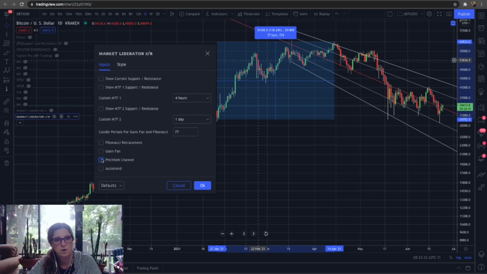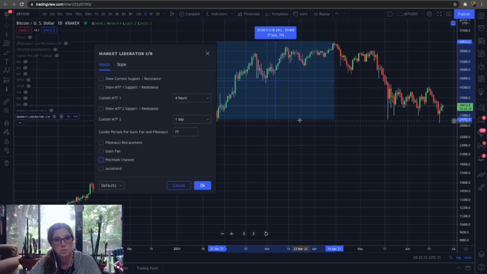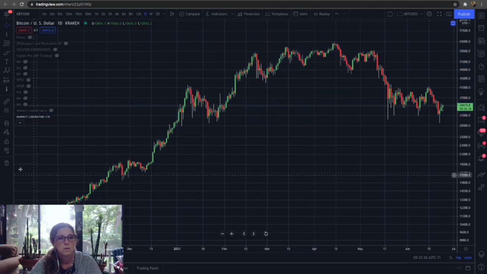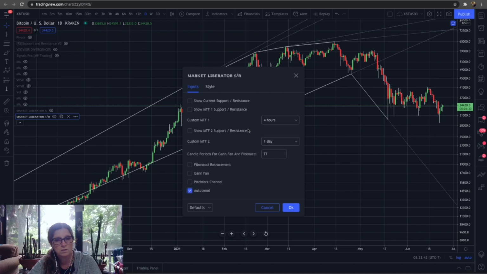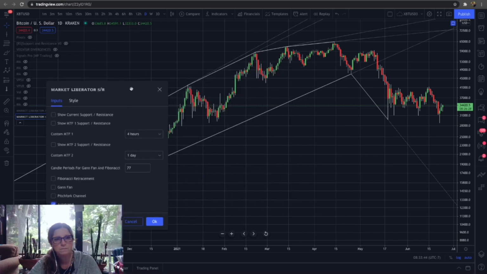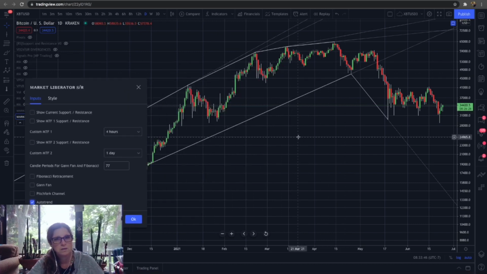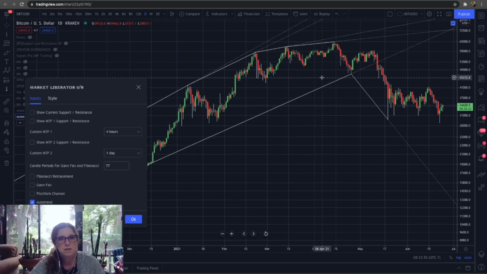And this is what I thought was really cool. Auto trend. Auto trend puts in trend lines. So basically, I don't know if it's every trend line possible, but it sure puts a lot of them in.